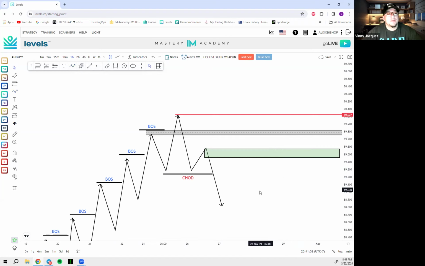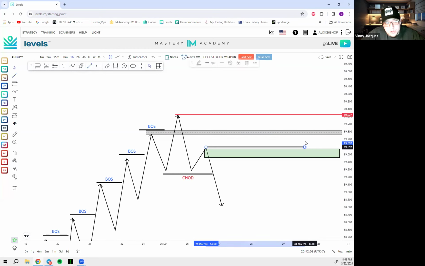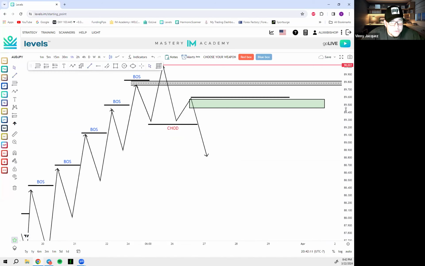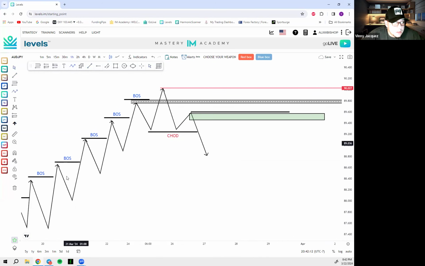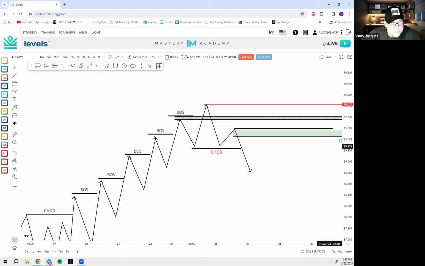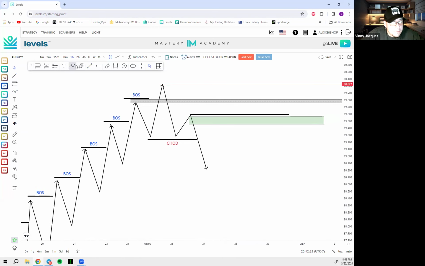Right. But at the same time, trade what you see, right? Someone has to be buying and someone has to be selling. So if we did break and close above here, you're not wrong. Like, you see that and you know we did break and close above, right? And especially if we're still bullish, this might be like an inducement, enticing you to get into the sell, right?